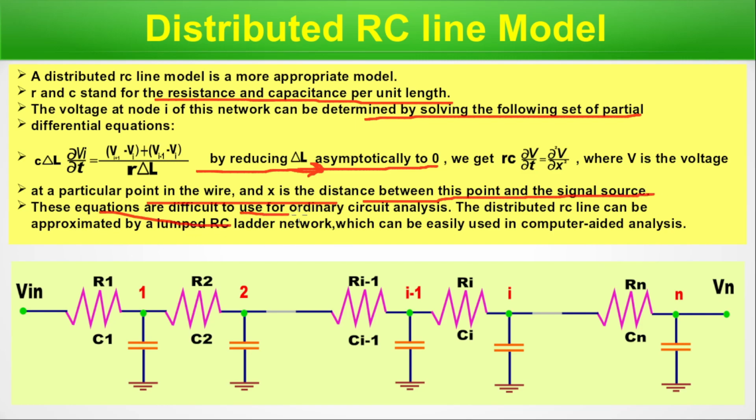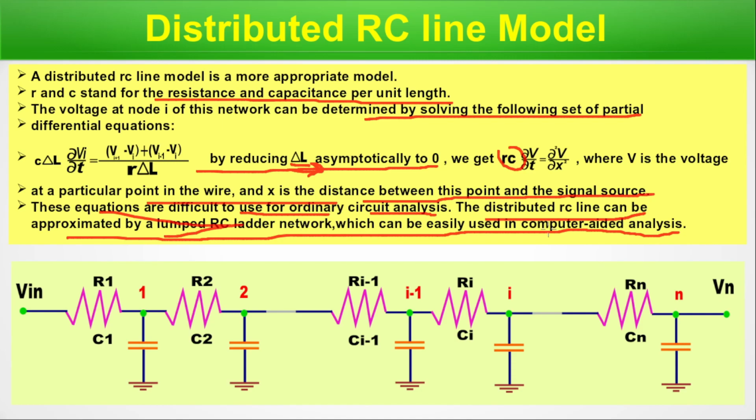The distributed RC line can be approximated by a lumped RC ladder network, which can be easily used in computer aided analysis. So again we are taking different approximations, like first delta L will tend to 0 and then it will become a function of RC, and we will try to approximate it by a lumped RC ladder network because it's easier to solve and then use in computer aided analysis.